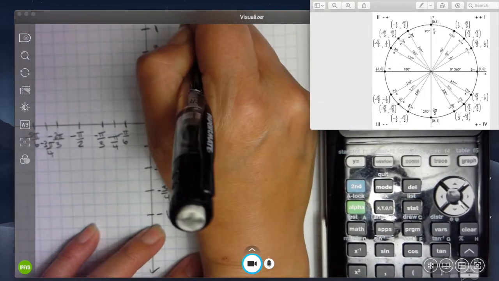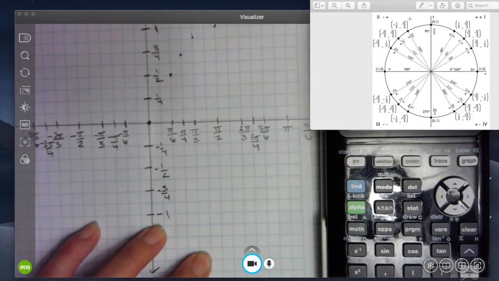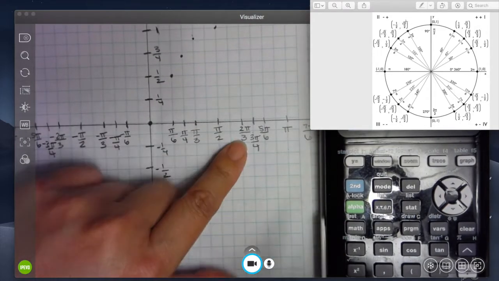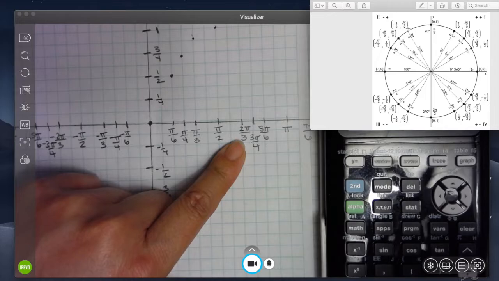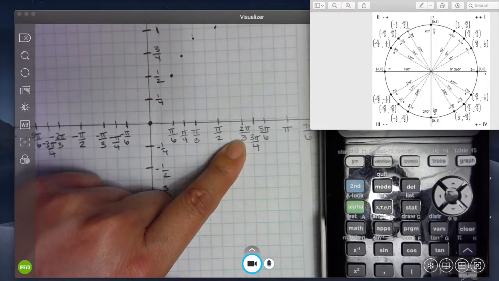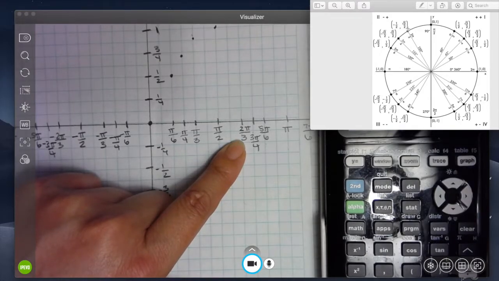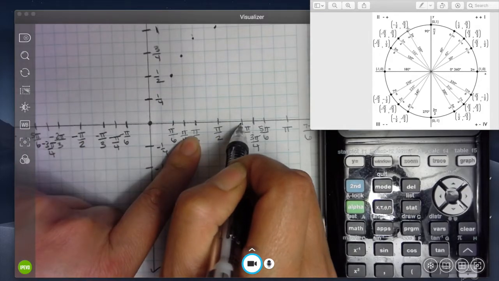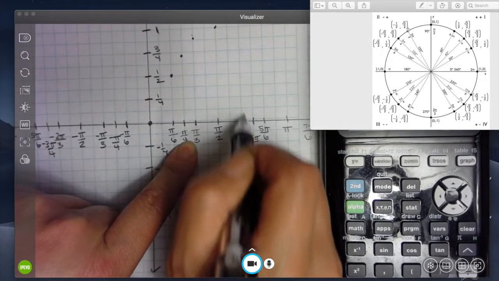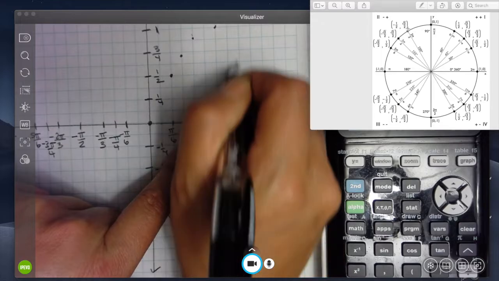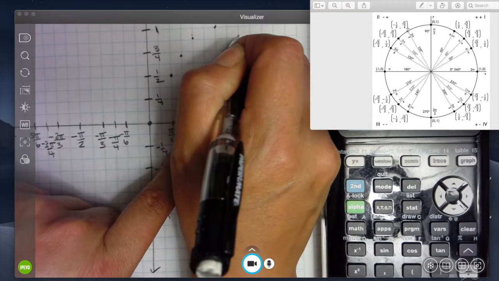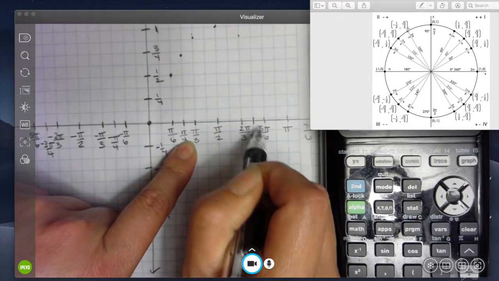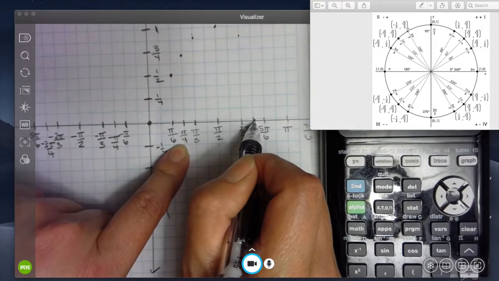Okay, so now we're going to come back around. Now remember, these are still the positive values. The y's are still positives. So 2 pi over 3 is going to be the same thing as pi over 3, 0.87. So let's put that up here. 3 pi over 4 is going to be the same as pi over 4, 0.71.